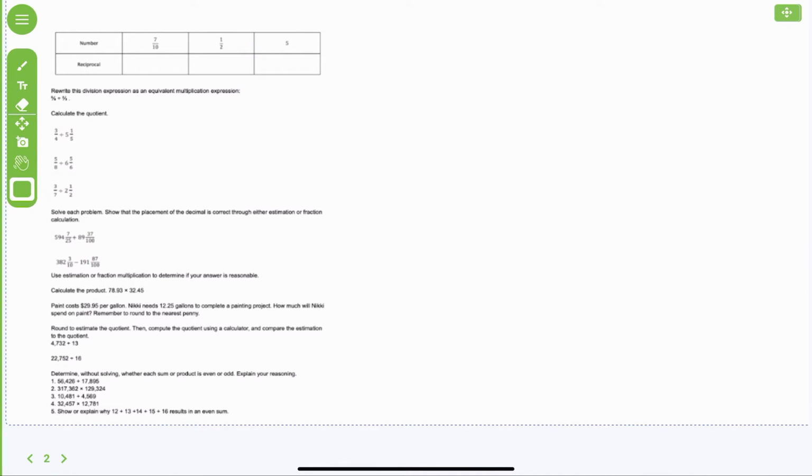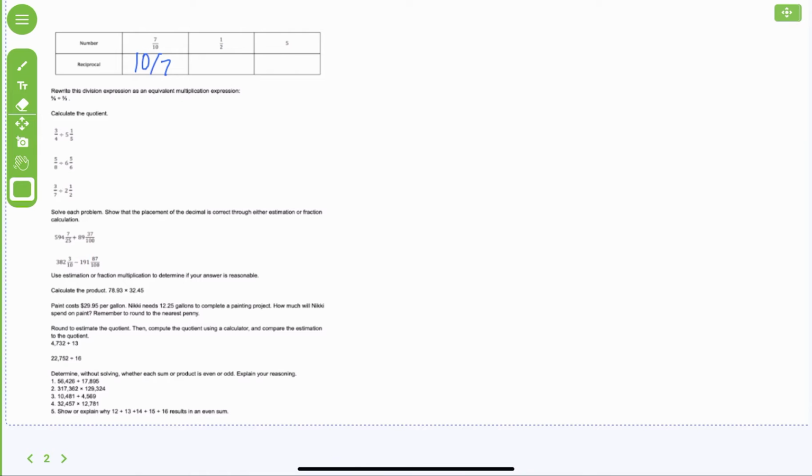What does it mean when we say the reciprocal? Not the opposite. Opposite's when we put negatives in front of it. Reciprocal means to flip it. So if the number is 7/10, what is the reciprocal? 10/7.